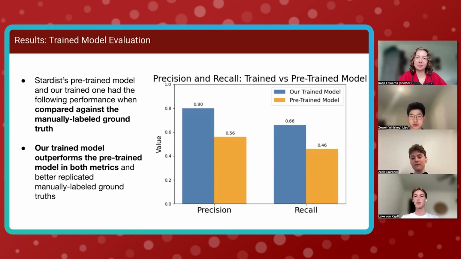And another important metric, recall, increased from 46% to 66%. So as you can see, both are significant improvements by at least 20 percentage points. And that suggests our model has much better performance.